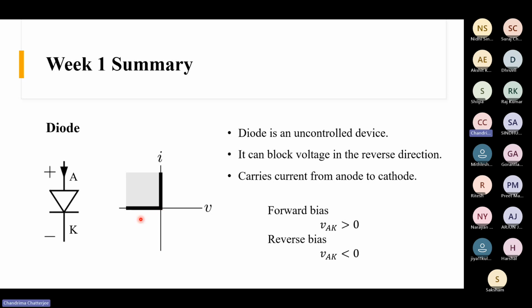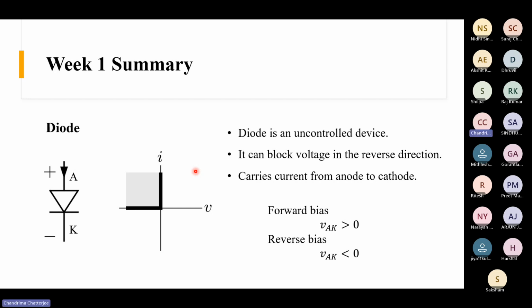And as we are talking about an ideal diode, there will be no voltage drop across this. The locus will be the positive y-axis. That's it. No drop. And when VAK is less than 0, there will be no current and it will block the voltage. Whatever negative voltage you give, it will block it. It will not allow any current. Right? This is called a static characteristic, and this is the characteristic of an ideal diode, right?